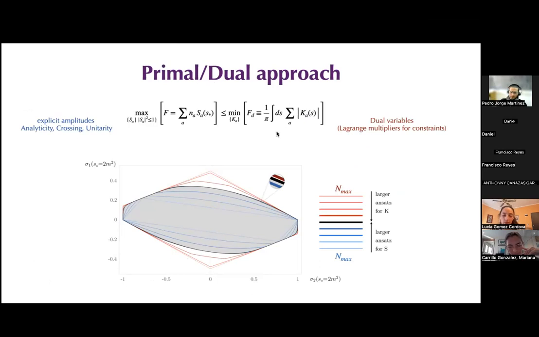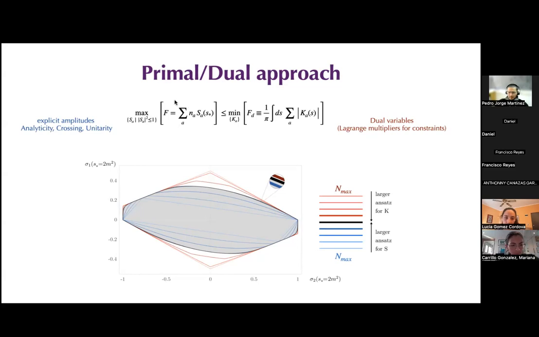So the last thing I want to say in this review part is that even though I'm not explaining how to get the bounds numerically, I want to say this thing. There are two approaches to get these bounds. One is called the primal, which is on this left-hand side. That is the one I talked about.